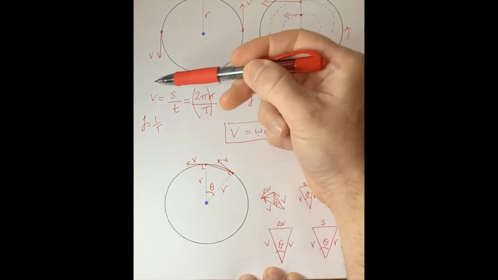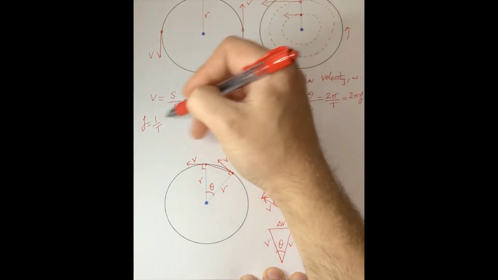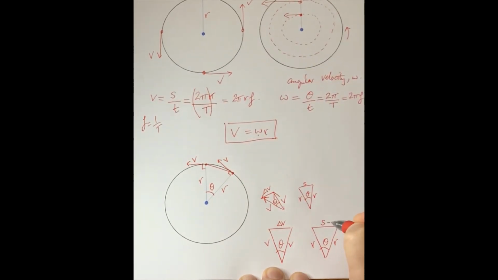If we suggest that the velocity is the displacement over time, if we rearrange that, we can say that this must be the velocity times the time taken to move that distance.